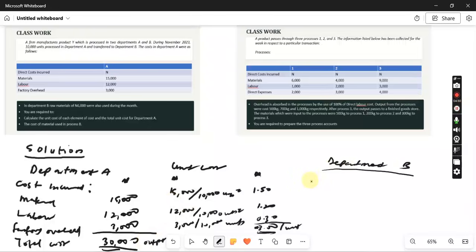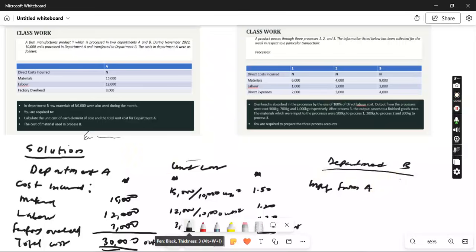And this will be the input from department A. So the input from A in this case is 30,000 naira.